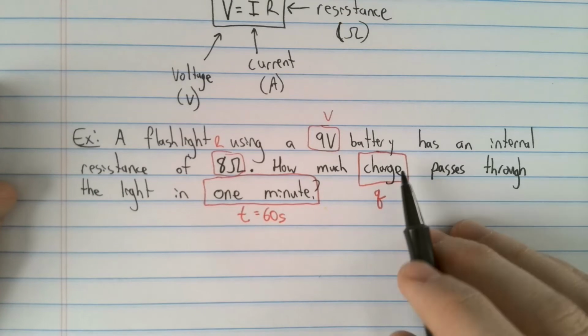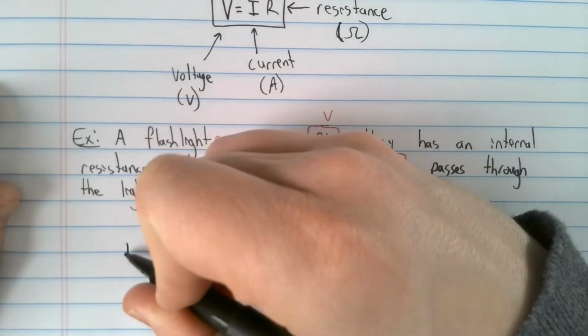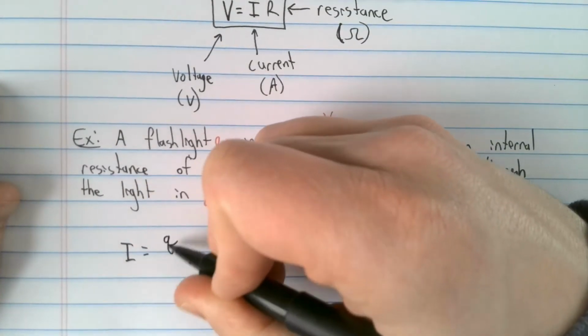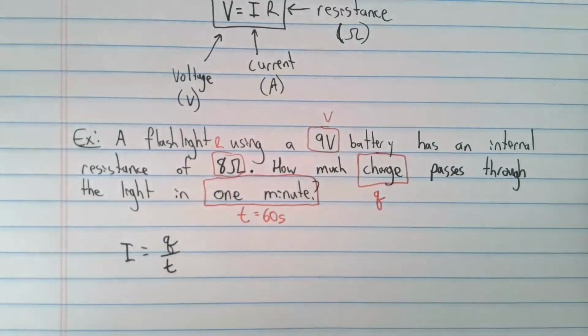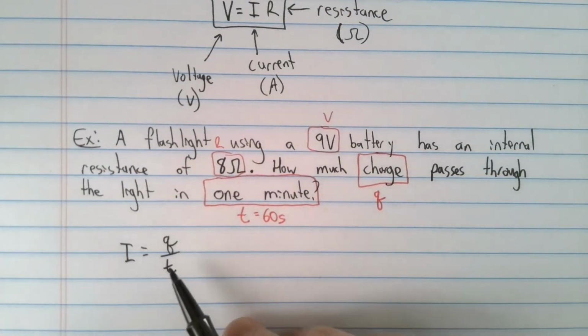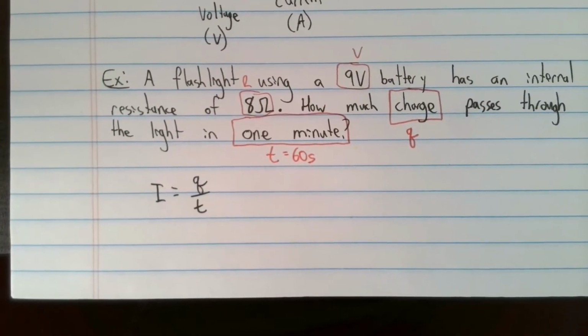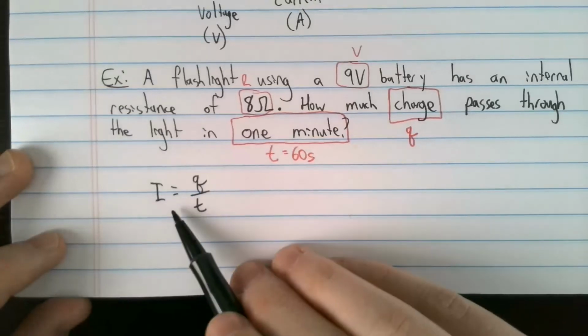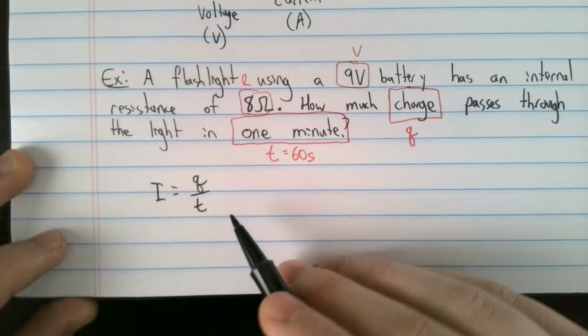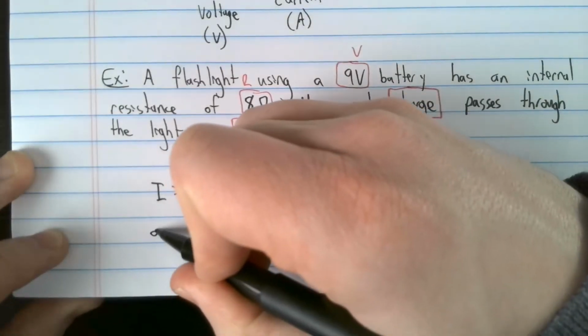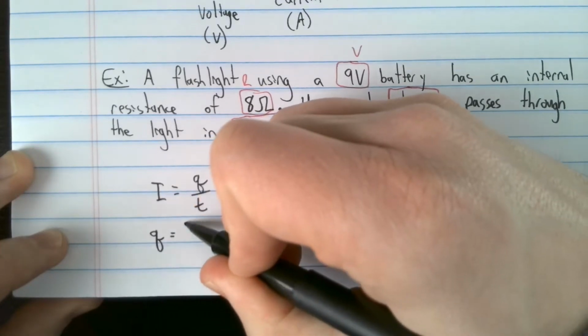We're trying to calculate Q, so we'll start with this one. I equals Q over T. So if I solve for Q, I'd cross multiply. Q times 1 equals I times T. So here's what we have. Q equals IT.